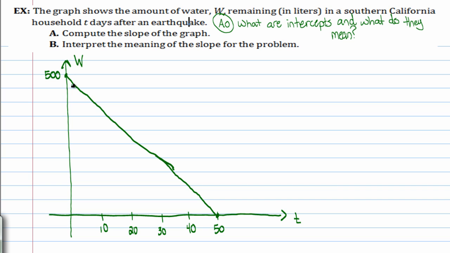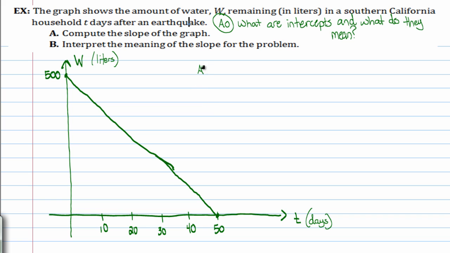Now the intercepts here, well, let's see. The vertical axis represents the amount of water we have in liters. And T is the number of days that have passed since this earthquake occurred. So obviously some pipeline is broken and all civilization has died off, and so now they're just surviving on what they had.